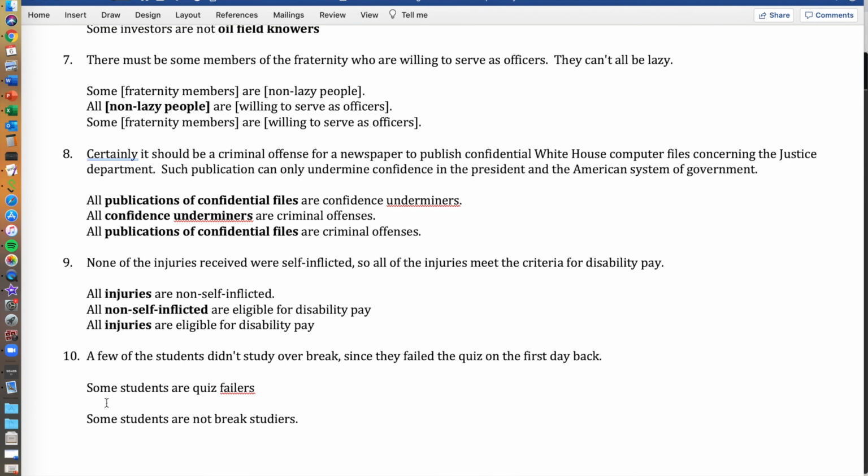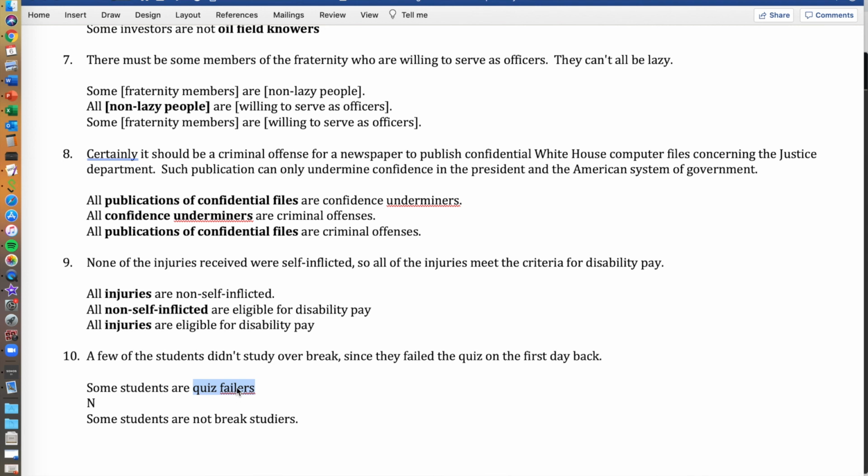Now that tells us that the missing premise is going to be negative. And I know that because it's the only way we can avoid the fallacy of unequal negation. Then we can look for the middle term, and the middle term here is quiz failures. We know that's the middle term because it does not appear in the conclusion.